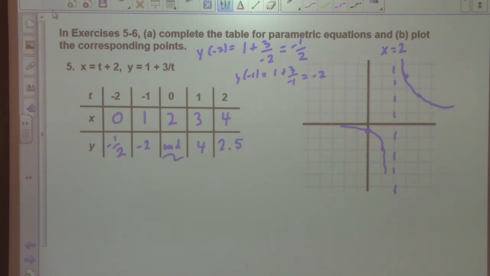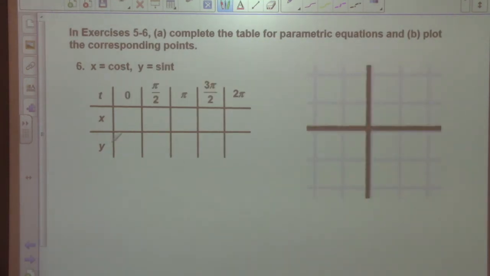Okay, what I want you to do is go to 6, and what happens here, you should know, you could look at the unit circle and figure what these are, x and y. So if you get out your unit circle, or I hope you can know a lot of these things without getting out your unit circle, if x is cosine of t, cosine of 0 is going to be 1. We're putting in a calculator.